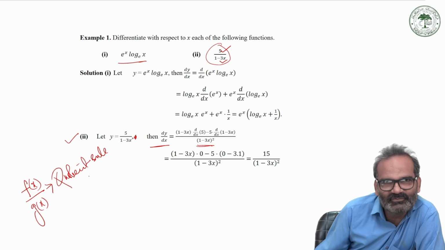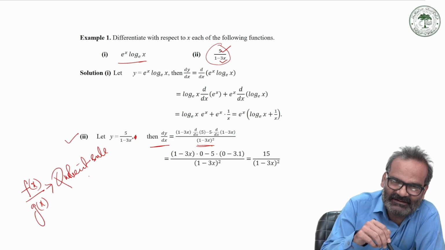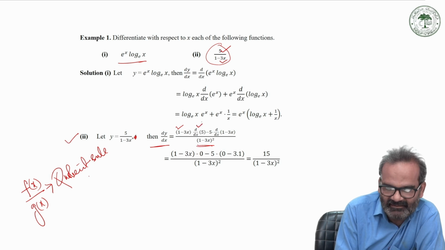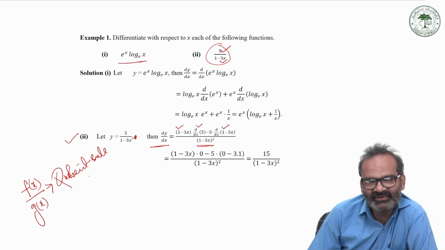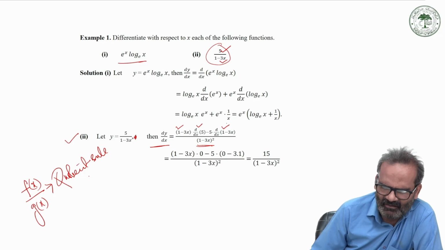Now the numerator: the denominator, 1 minus 3x, into d/dx of 5, the derivative of the numerator, minus the numerator 5 as it is into the derivative of the denominator, 1 minus 3x. Clear?